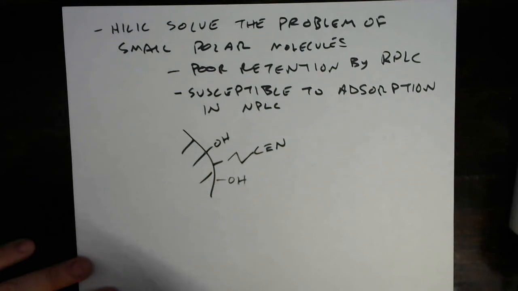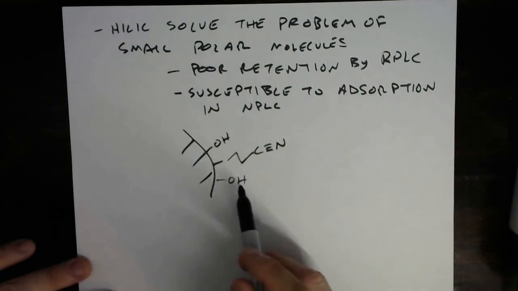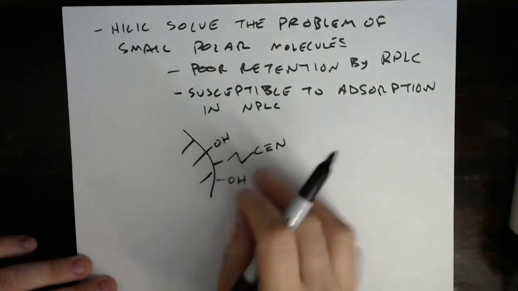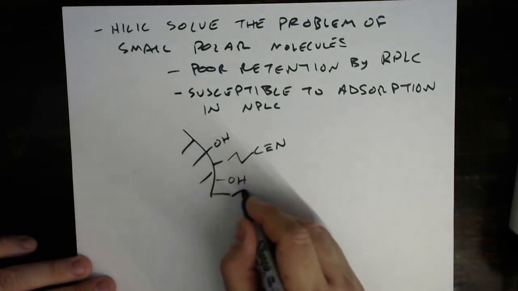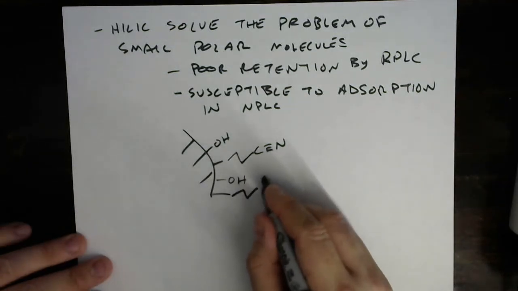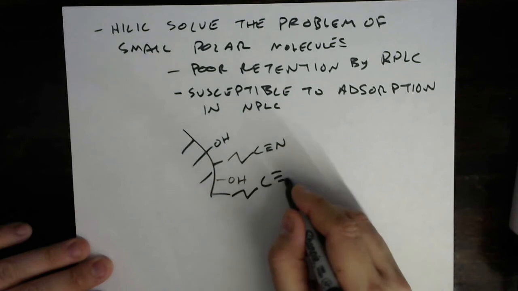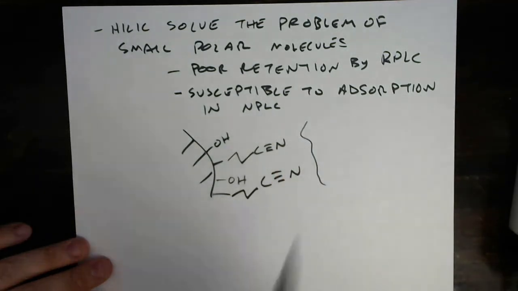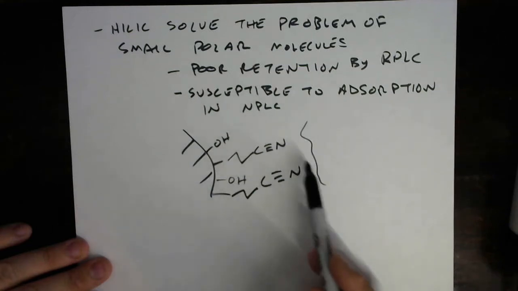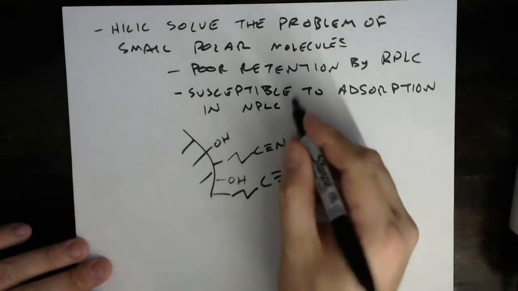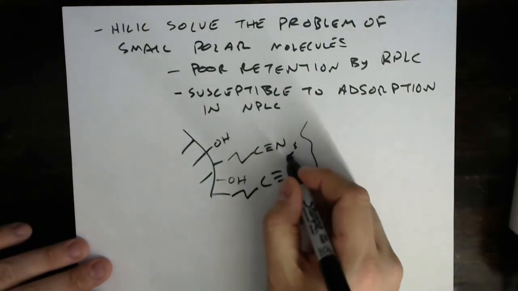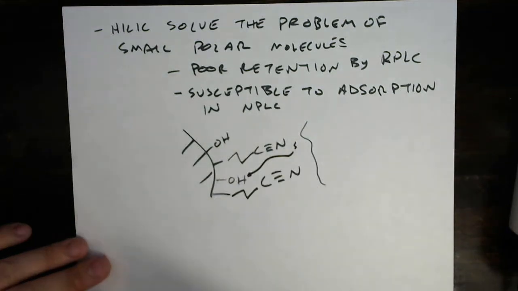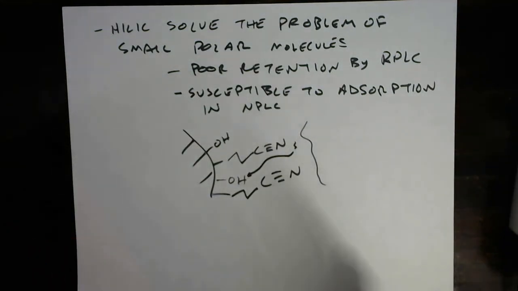It's like a feature of fancy columns, right? Large molecules are not going to get close enough to the surface because look, here's another cyano group, and a large molecule is going to just kind of hang out over here as some kind of linear polymer or something. But small molecules, these bad boys, they can get right down in here and they can do the thing you don't want them to do, right? They can do that adsorption.